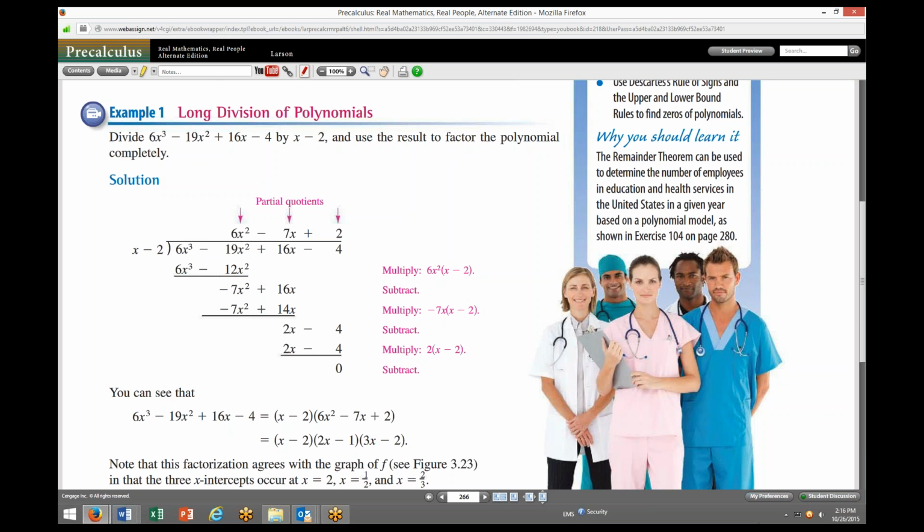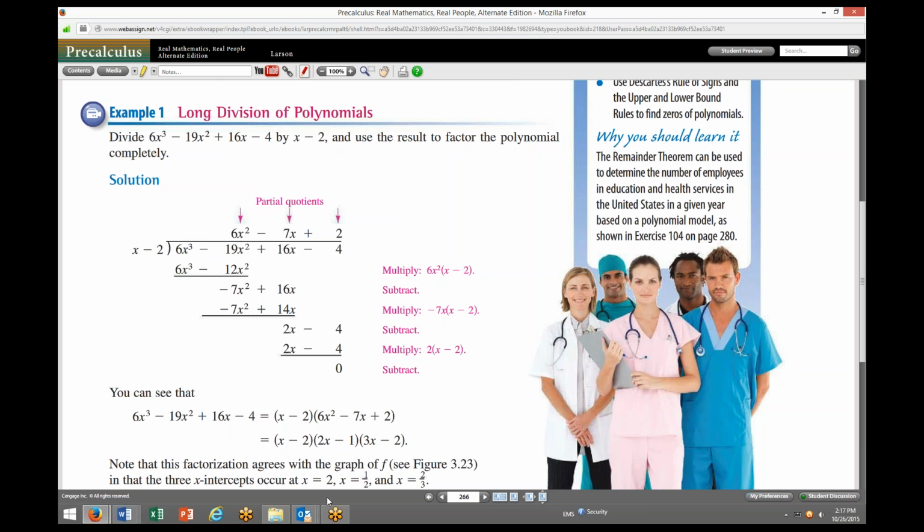Just like we did years ago with long division, if you had a number with 4 digits, you would work with each digit separately, and this is a polynomial with 4 terms, sort of comparable to 4 digits, and we work with each of those terms separately. And we divide this polynomial with 4 terms by one only having 2 terms. And it's kind of like dividing a 4-digit number by a 2-digit number back when we were in elementary or middle school. And here's how you do it.